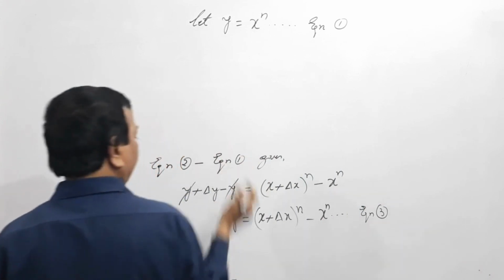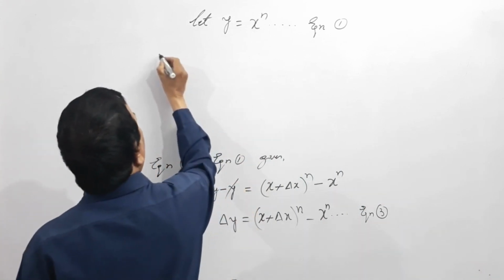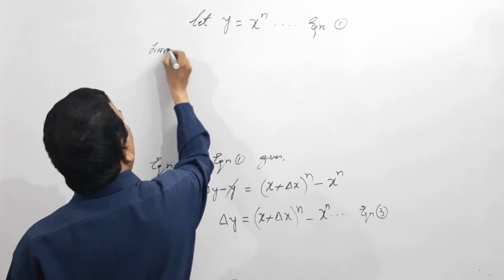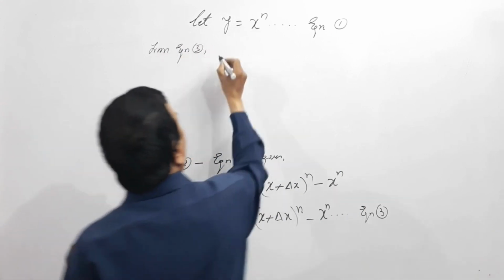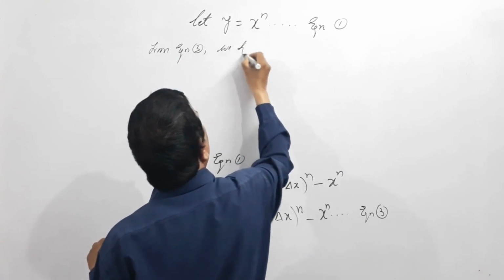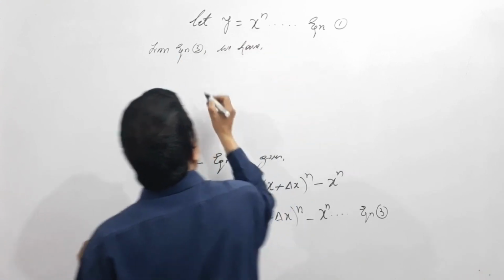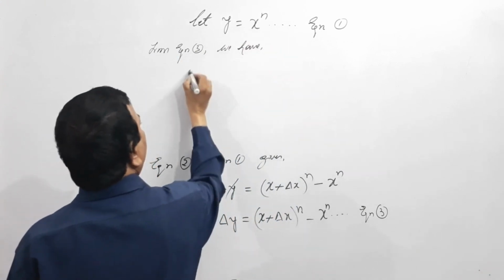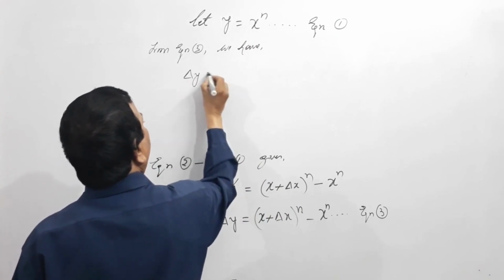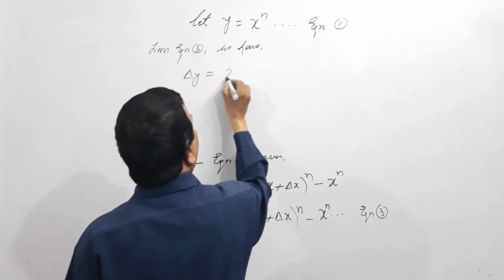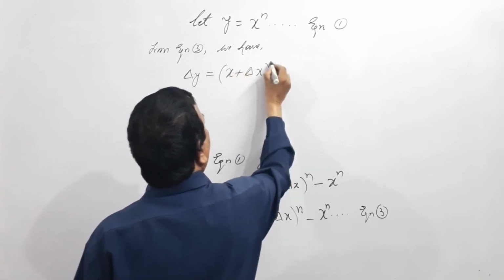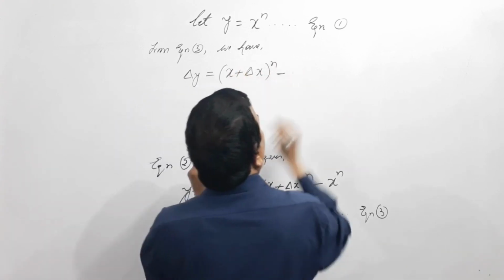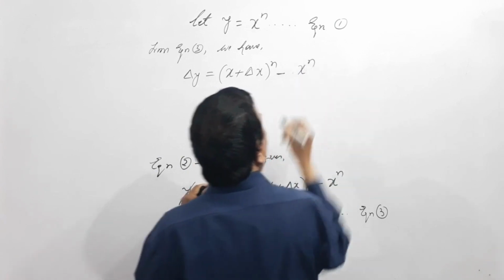So I rewrite this equation from equation 3. We have delta y equals x plus delta x to the power of n minus x to the power of n.